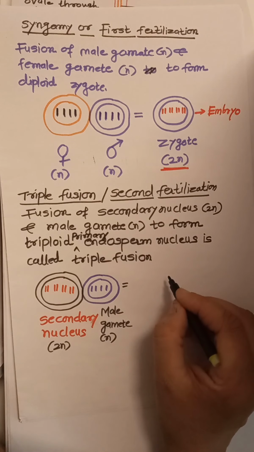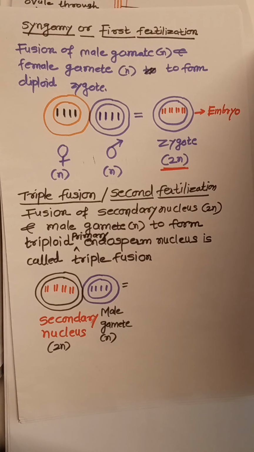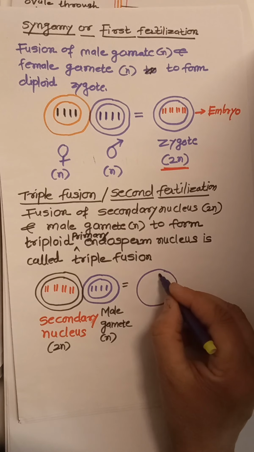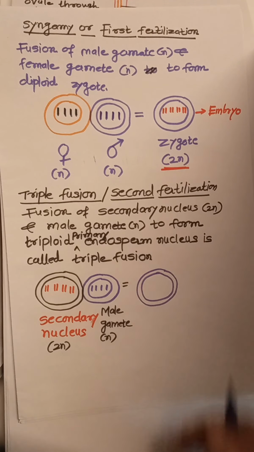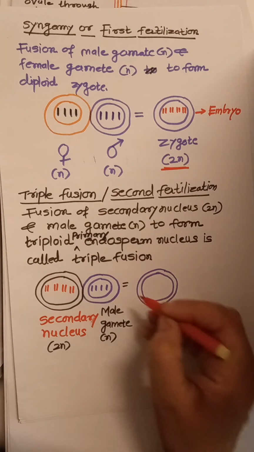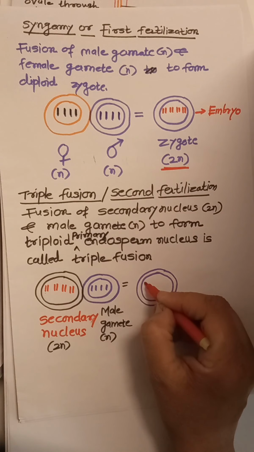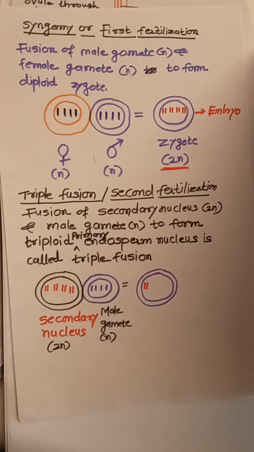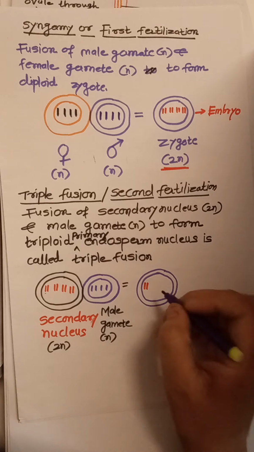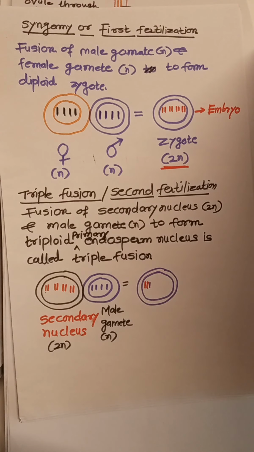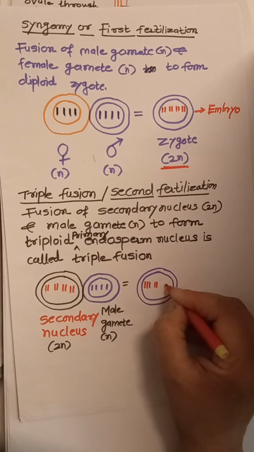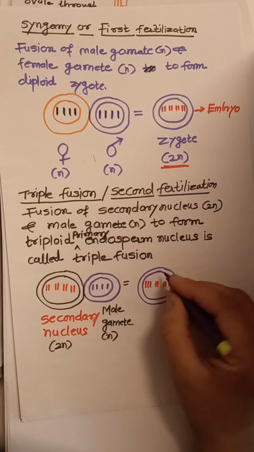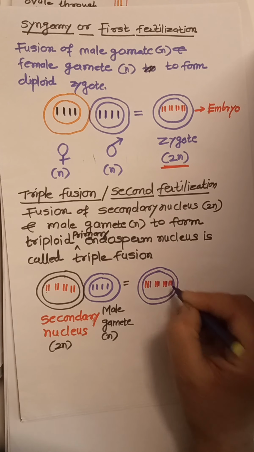and it will result in the formation of a single cell. See the chromosomes of the single cell pairing: these two chromosomes of the secondary nucleus and this one chromosome of the male gamete, like this, in each set.